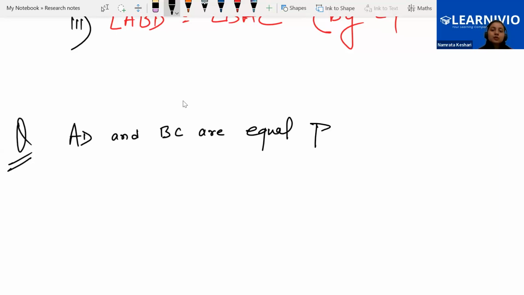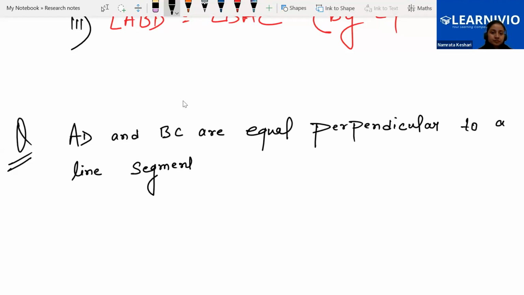Let me write the next question. Now this one you are going to try. You will tell me what exactly you are thinking. See here, the name of the triangle is not given.